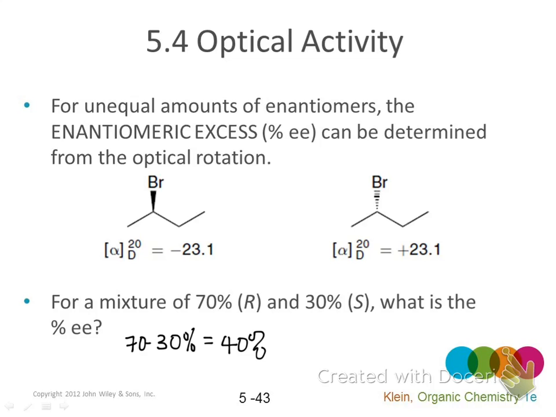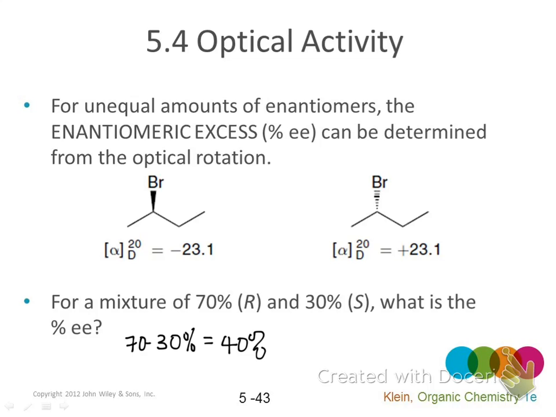So only 40% of it is actually going to make it turn because 30% balances out and keeps it at 0. So the 0.4 could be used to calculate that it's 0.4 times that rotation to the left. Everything before the 0.4, that excess, looks racemic.